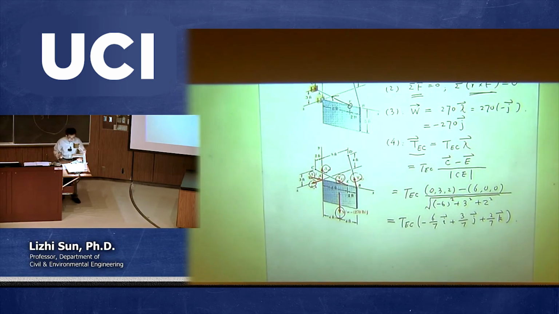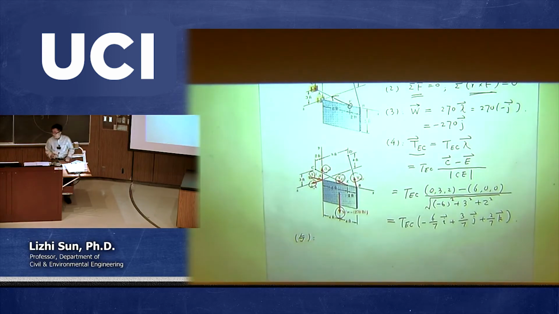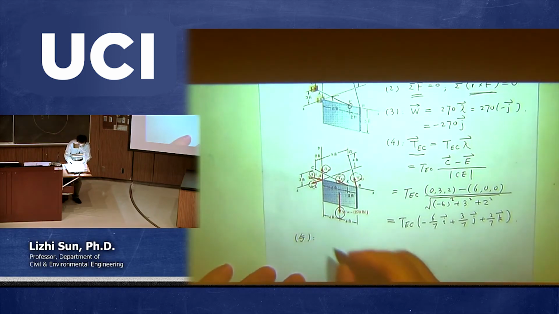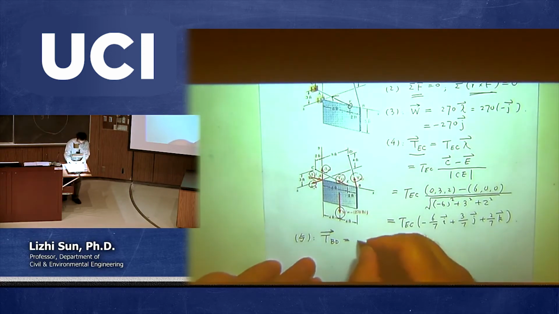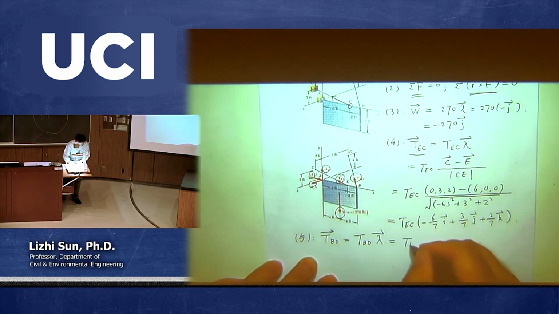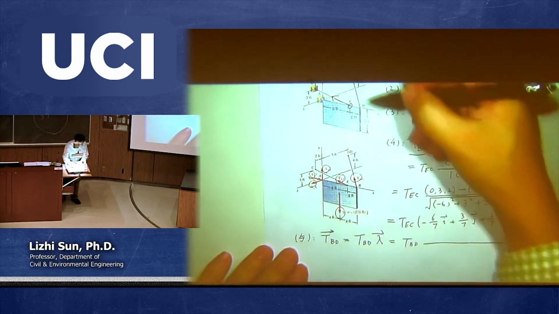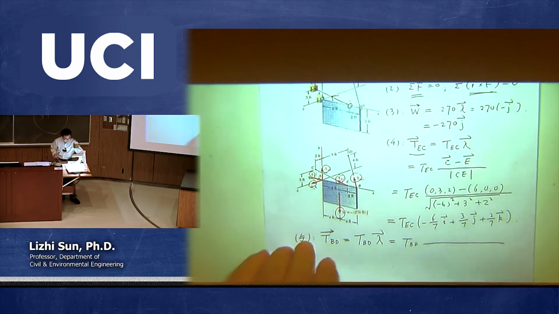So that's the first cable force. And now we need to move to the next one to calculate just another cable force, which is called TBD. So what is TBD? Same thing. The magnitude of force TBD multiplied with lambda. So TBD times lambda. What is lambda?